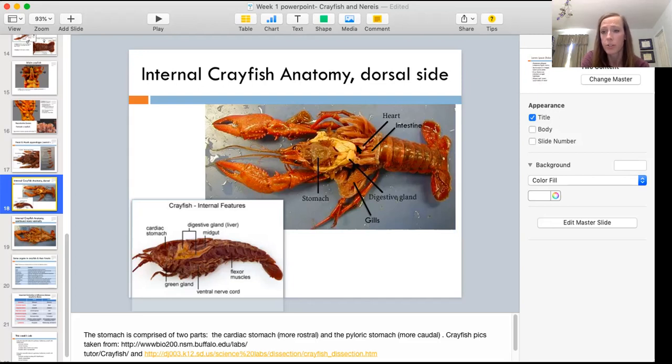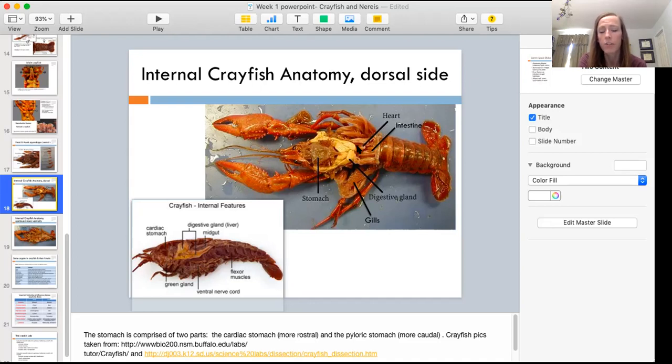A closed circulatory system means that all of the fluid, all of the blood, is enclosed in blood vessels, and that's what the Nereis has. The crayfish, on the other hand, has a heart and some blood vessels, but there is only a sort of partial enclosure to that fluid.